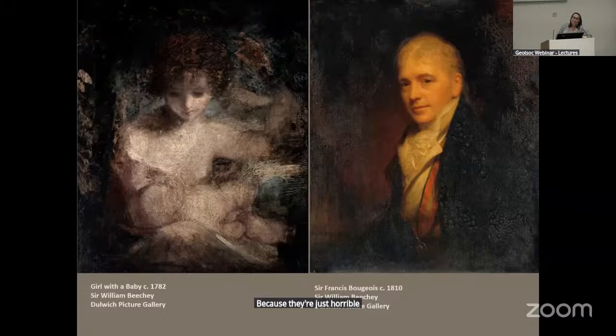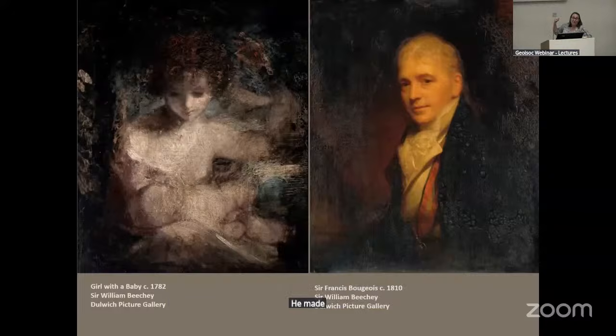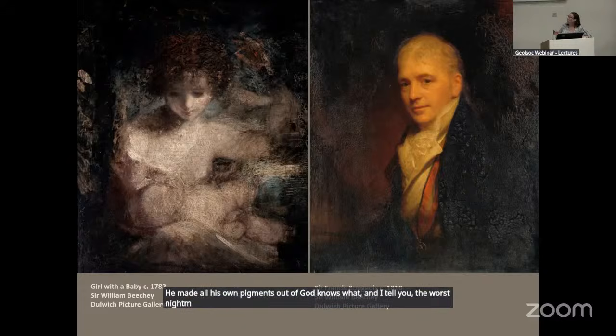People like Joshua Reynolds, whose sculpture is right next door to us, made all his own pigments out of God knows what. And I tell you, the worst nightmare of a painting conservator is when somebody says, can you have a look at this Reynolds for me?